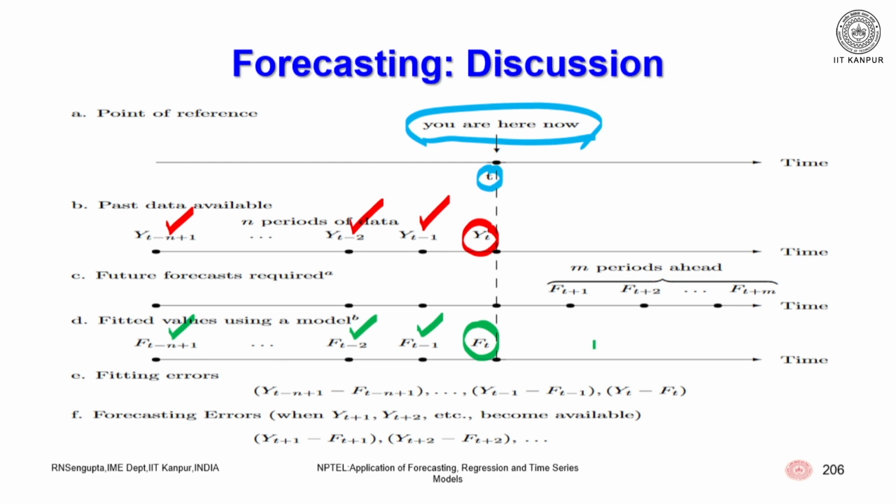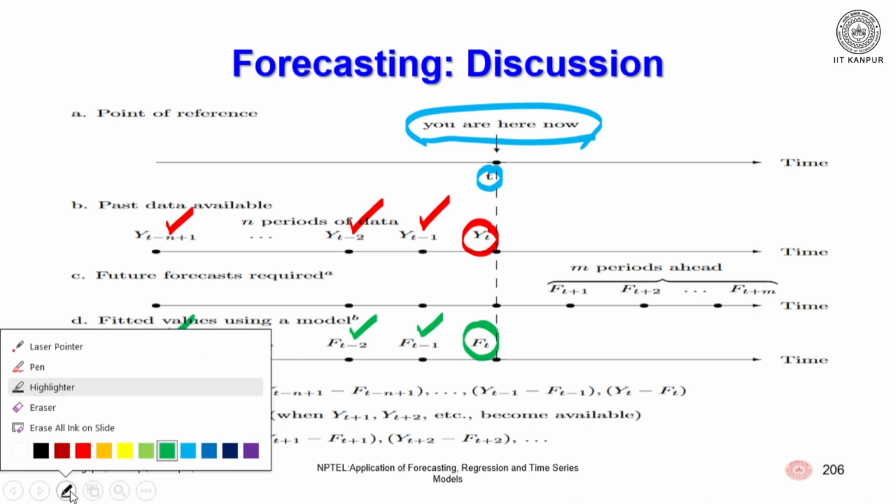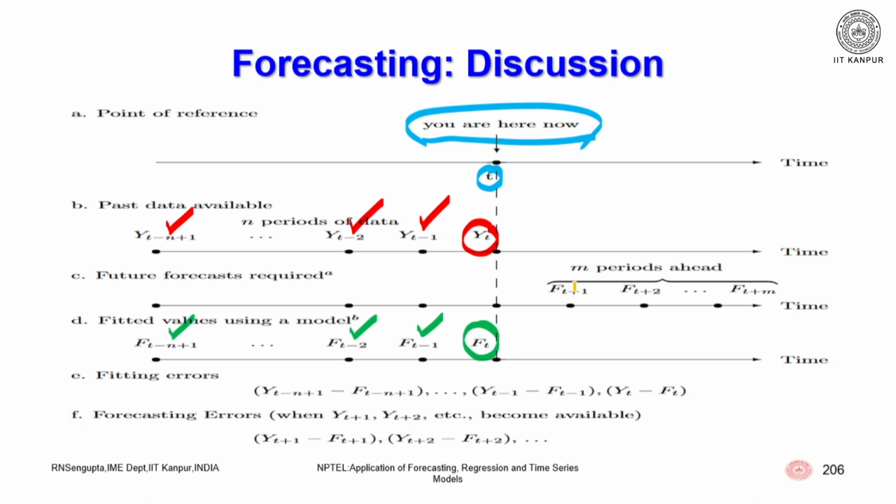You would like to predict standing today basically for t plus 1 and such m time periods ahead. So, here it is given the forecasted value for such time periods ahead, I will use the orange color. So, this is f t plus 1, f t plus 2 and it will go to f t plus m, that means m time periods ahead, which I am highlighting now.